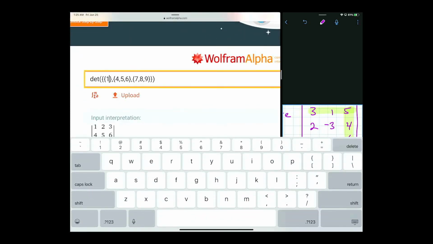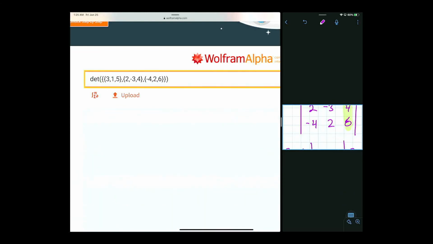So delete, delete, delete. We have 3, 1, 5. And then the middle row, I've got 2, -3, 4. Oops, the last row here, -4, 2, 6. Okay, so that's what it is. So I put that in, -146.